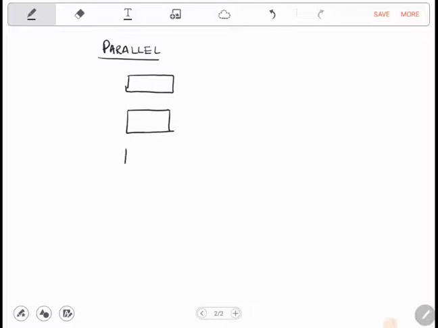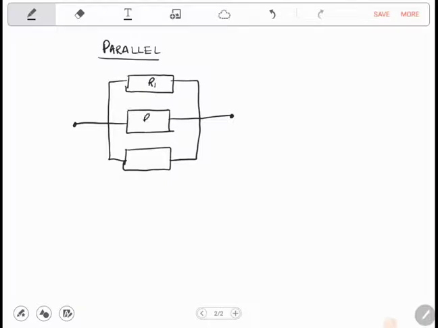Let me have 3. These are in parallel. So you have these 3 resistors that are in parallel. How do you find the total resistance? So this is your resistor 1, resistor 2, resistor 3.